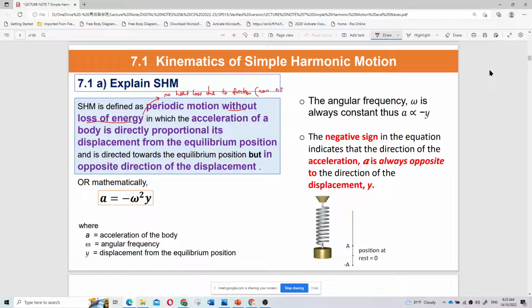That's why the system can oscillate forever. No damping happens. The total energy is always maintained in the form of potential energy and kinetic energy, the mechanical energy only. No heat loss due to friction.